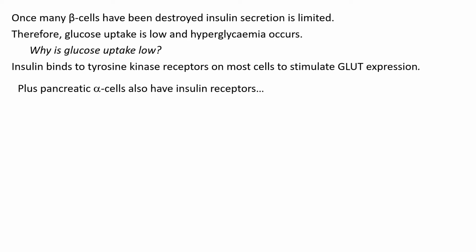The other complication here is, remember pancreatic alpha cells. Pancreatic alpha cells synthesize and secrete glucagon. They also have these tyrosine kinase insulin receptors.